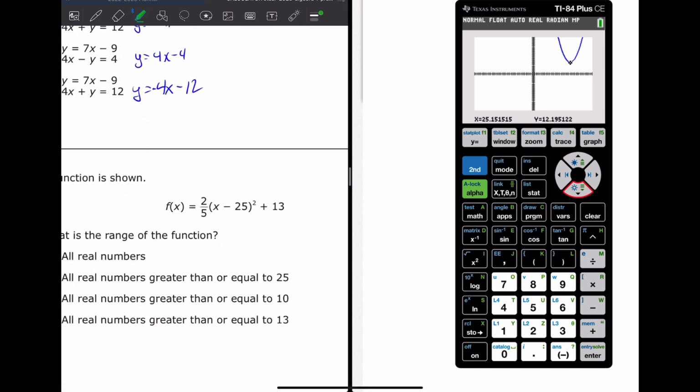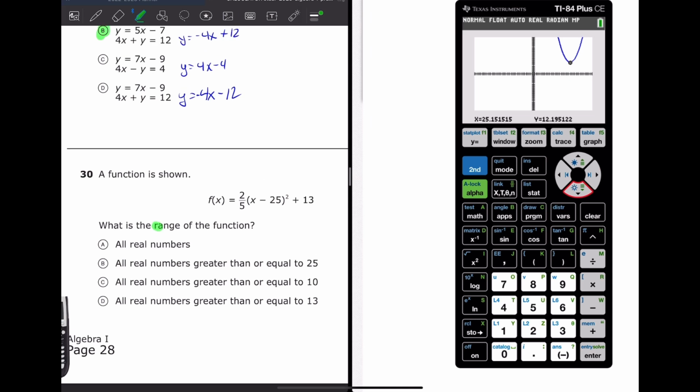It looks like the range is somewhere around 12, maybe 13. One thing you have to remember here is range and domain. Range is on the y-axis. You must know that. So according to the graph, the minimum value looks to be 13. You can start eliminating some of your answer choices.